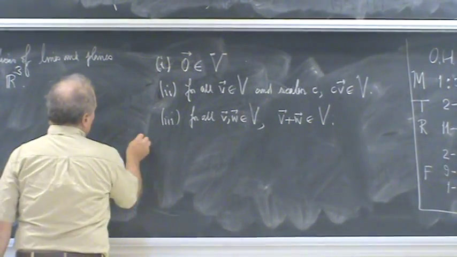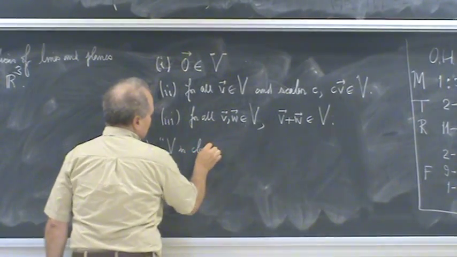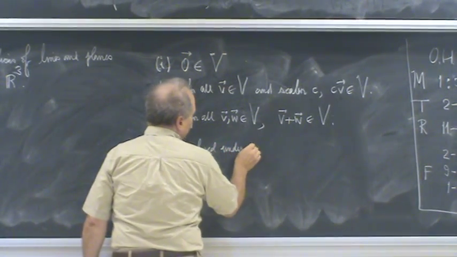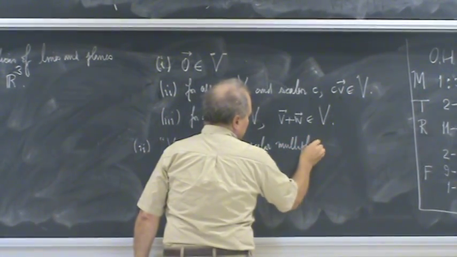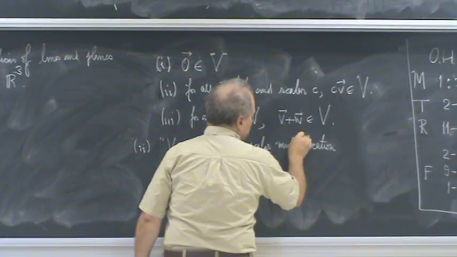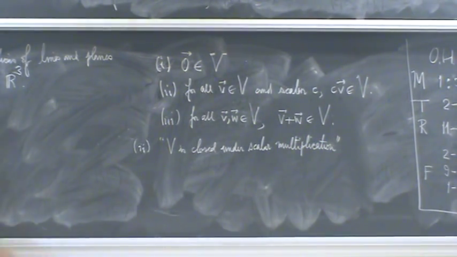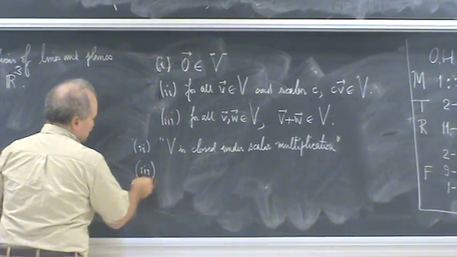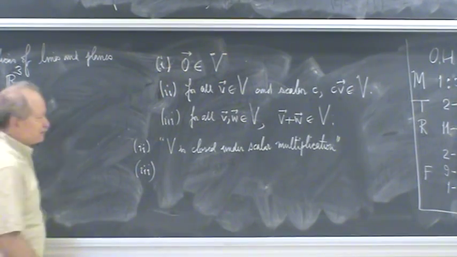So 2 is often phrased by saying V is closed under the operation of scalar multiplication. So there's this language of a set being closed under something. That means when you perform that operation, you stay inside the set. And 3 is often rephrased: V is closed under addition.